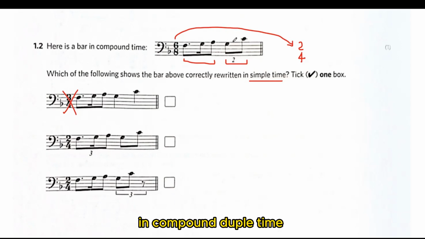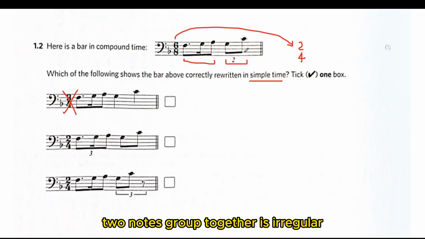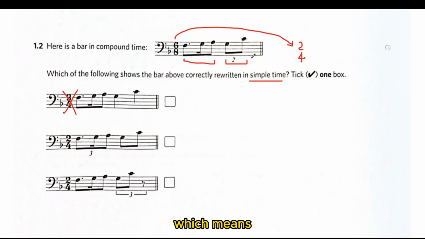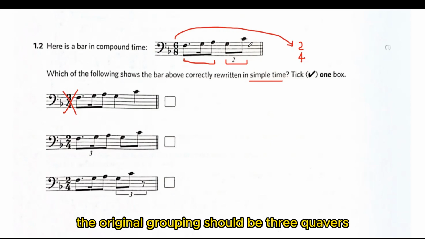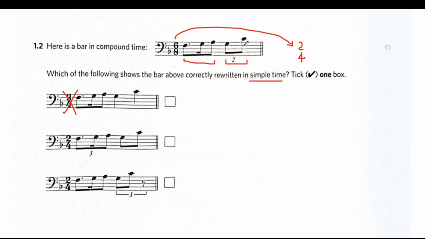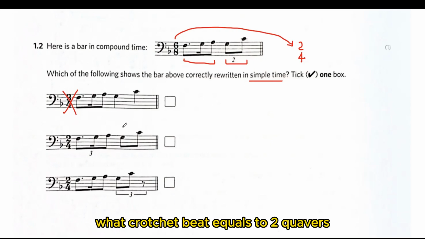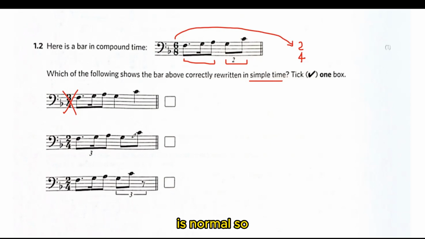In compound duple time, two notes grouped together is irregular. So we have to make it a duplet, which means the original grouping should be 3 quavers. But as we change to 2/4 time, 1 crotchet beat equals to 2 quavers is normal.